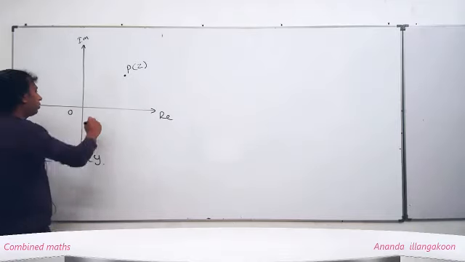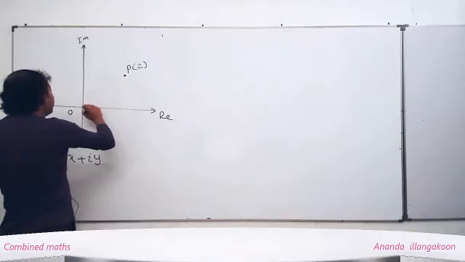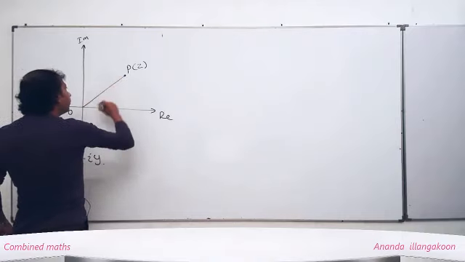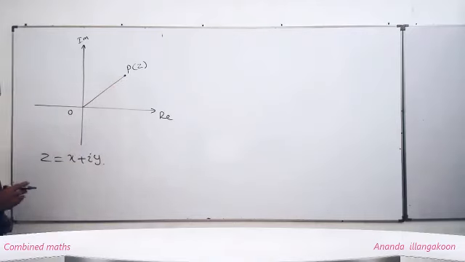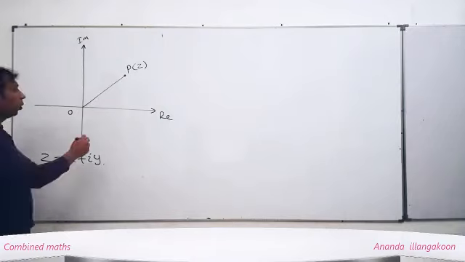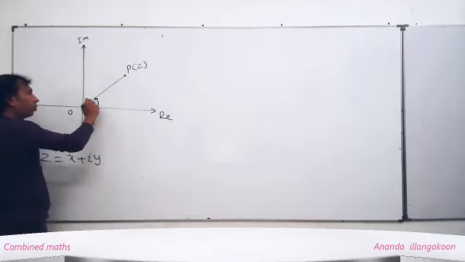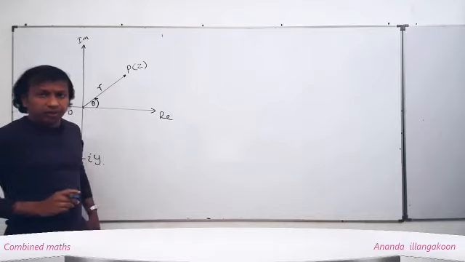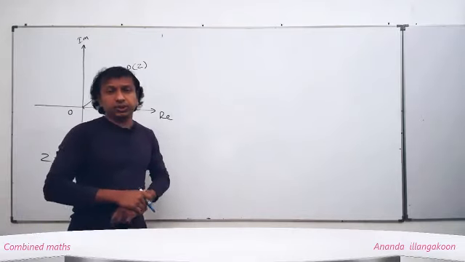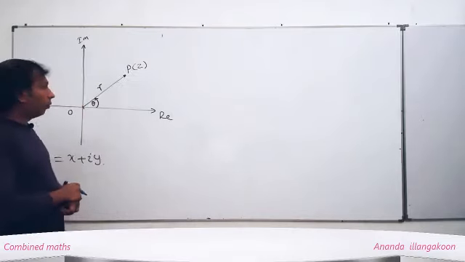Now, when I join this origin O and the point P by a straight line, we said by the length of this OP and the angle OP makes with the real axis in anticlockwise, using the length from O to P, suppose R, and this angle theta, we can express this complex number Z. How?